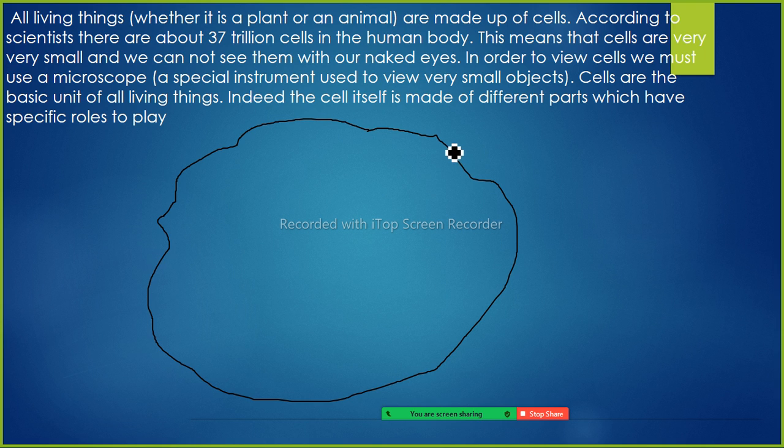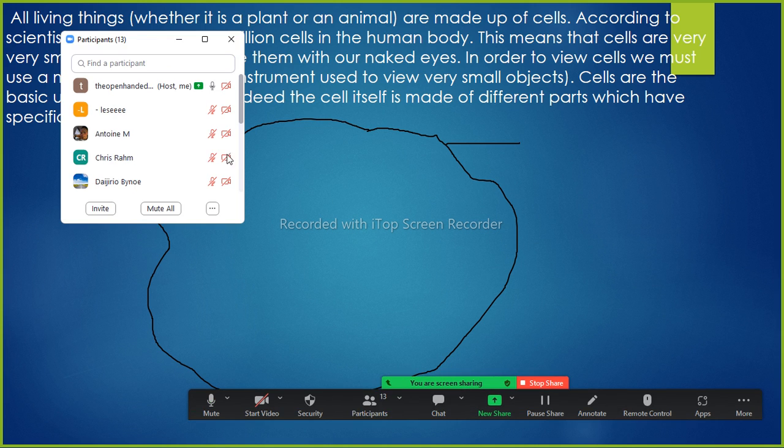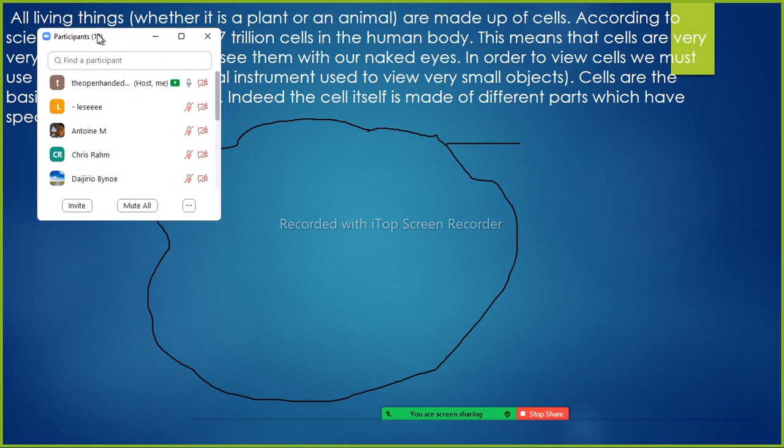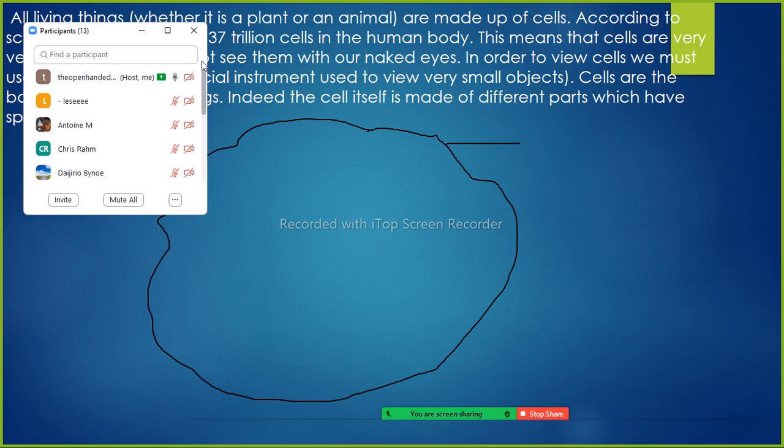Well, this part right here, what do we call that? What's the outer part of a cell called? The layer that surrounds the cell.